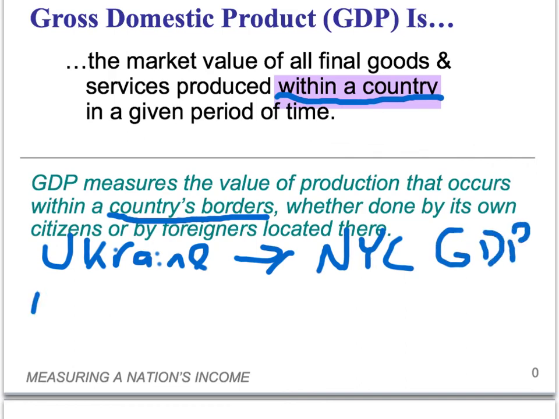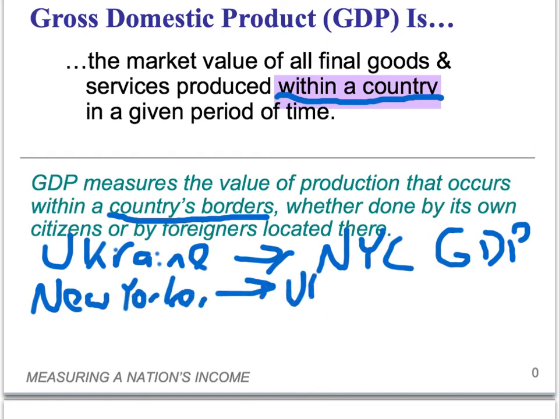If you take a New Yorker and you send them to Ukraine to work, it is not counted as GDP. So it's got to be produced within a country's borders.